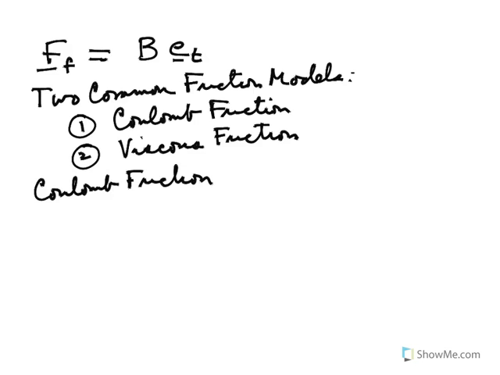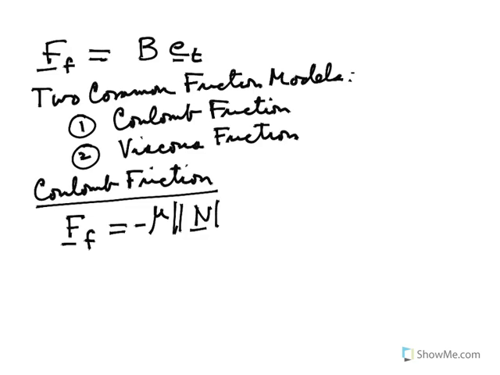In this case, the model is as follows. The friction force is equal to minus mu times the magnitude of the normal times the tangent vector. So we know that the tangent vector can be defined in terms of the velocity as viewed by an observer relative to the curve. So I'll get to that in just a second.